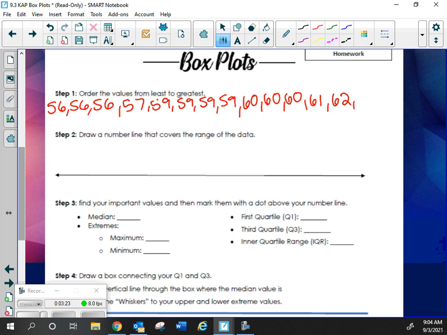We had 4 63s. I'm going to start a second line. 2 64s. 2 65s. And then 2 67s. I'm going to double check.